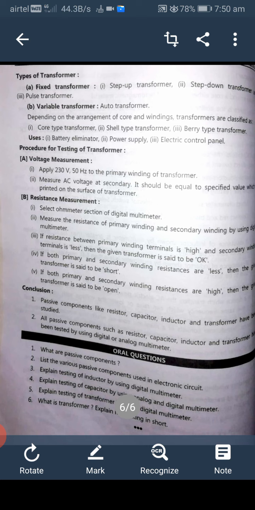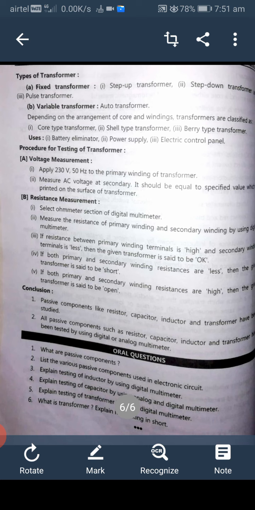Procedure for testing of a transformer. Voltage measurement. First, apply 230 volt 50 Hz to the primary winding of the transformer. Second, measure the AC voltage at the secondary. It should be equal to the specified value which is printed on the surface of the transformer.